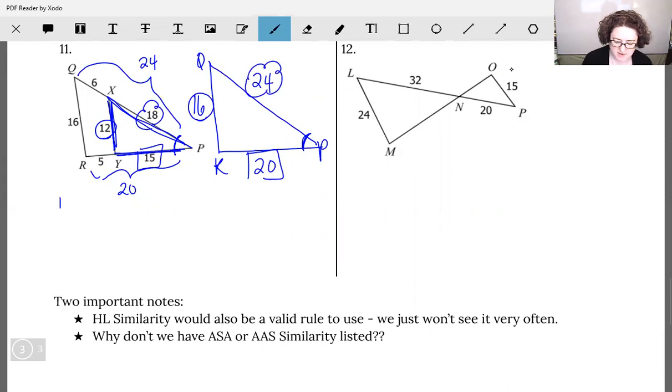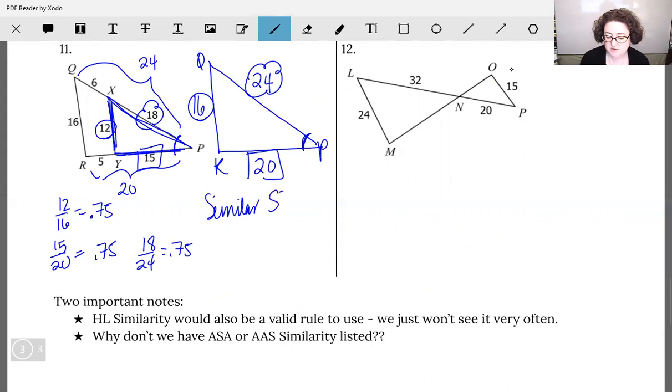So let's see here, we have 12 over 16, comes out to 0.75. We have 15 compared to 20, which I believe also comes out to 0.75. And then we also need to check 18 compared to 24. Also 0.75. So they're similar.